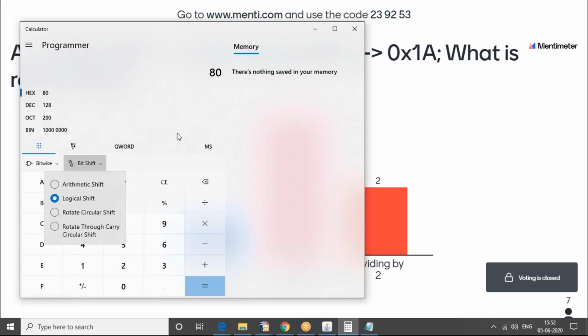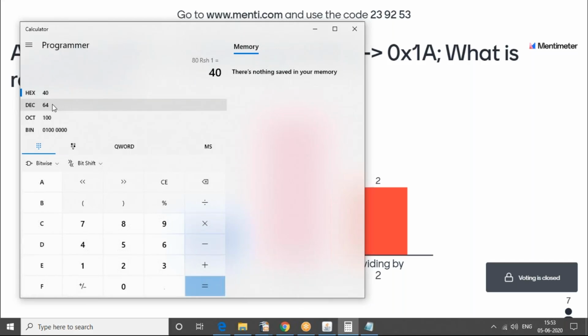We'll shift it to the right by 1. The number was previously 128. On decimal, it becomes 64, and then I'll do another right shift by 1. Whatever was 64 has now become 32, and then I do another right shift. 32 becomes 16, and then I do another right shift. 16 becomes 8.